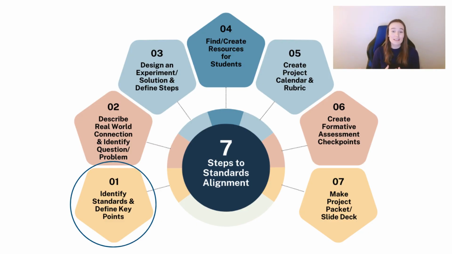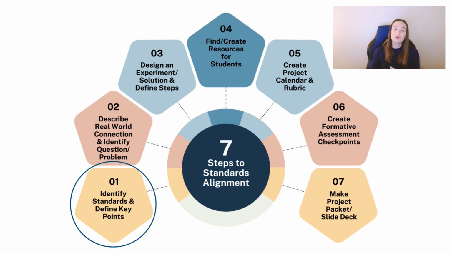So choose the key points that you feel will lend themselves best to a project like this, so that you can think about a way that students will be able to learn these key points through this project. If you have a unit plan already provided for you or created by you, go to that unit plan, identify those key points.